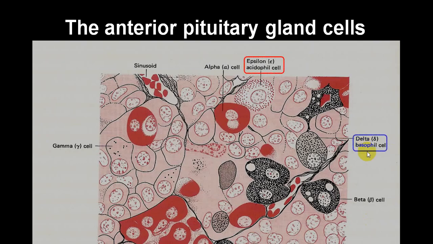So those will be the four hormones secreted by basophil cells. Now in these basophil cells, there are delta cells, beta cells, and gamma cells. These are the different names given depending upon what they secrete. So you've got alpha cells, epsilon cells, delta cells, beta cells, and gamma cells. These are the different names given to those.